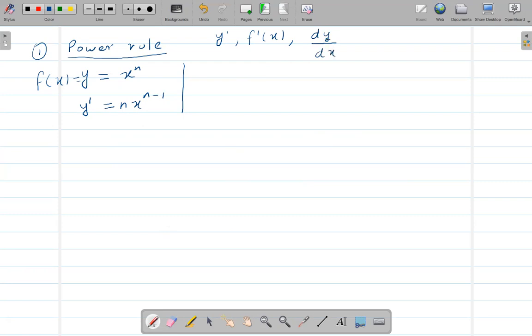Again, this means we are taking the derivative of y in terms of x, because we have x here. So we could write dy over dx equals n times x to the power n minus 1, right? Now let's see some examples.